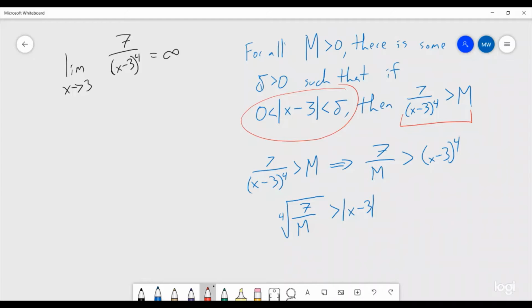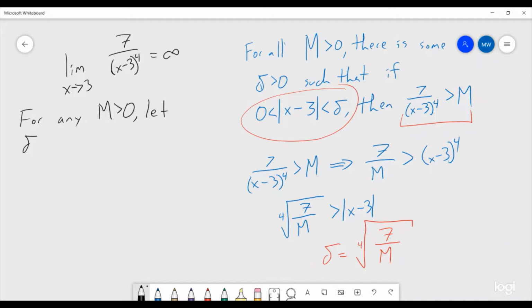So we are going to say delta is equal to the fourth root of 7 over M. In our proof we would say, for any big M greater than 0, let delta be equal to the fourth root of 7 over M.